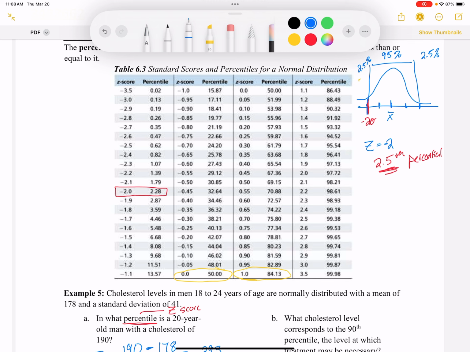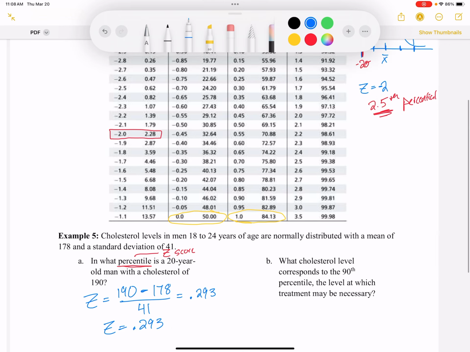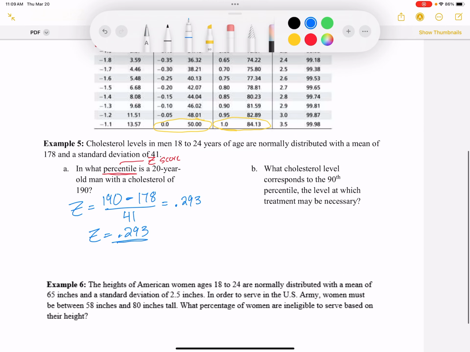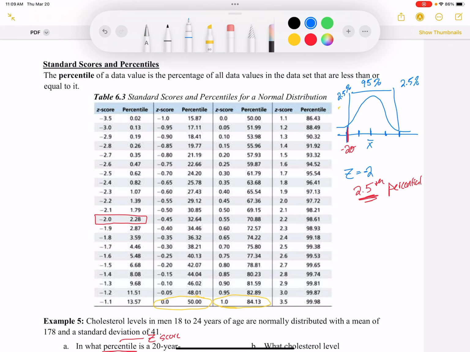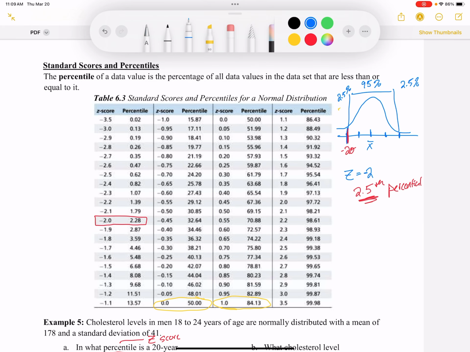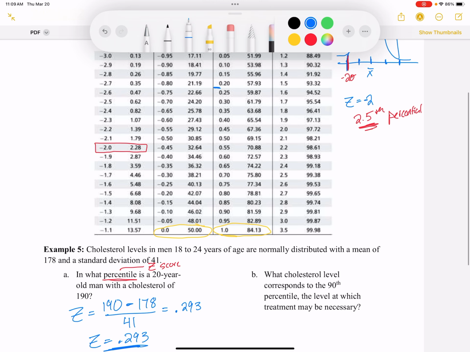That means that he is 0.293 above the mean. So up here, I go and find that z-score, and I get as close as I can to it. I obviously won't be able to get right on it because there would be too many values for me to be using this chart. But 0 is here, 0.2, I see that it's somewhere in here. 0.293, that's a little bit further.